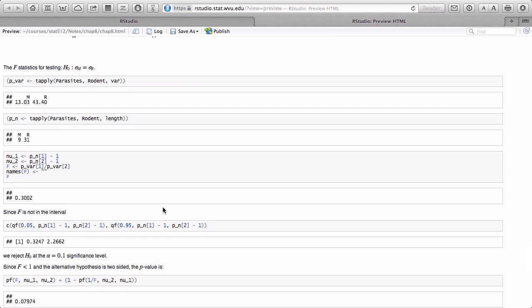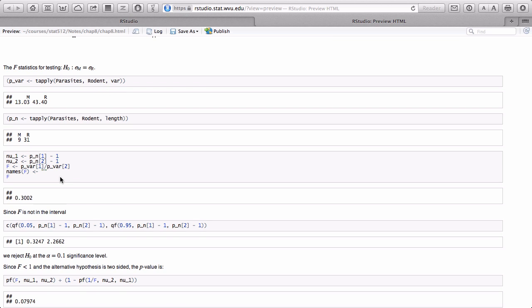Now, I have computed an F, and look what I call these, the p-var. So the F-test down here is simply p-var 1 divided by p-var 2. Now notice I'm using a subscript operator. In other words, p-var, as I computed it above, is a vector of length 2.